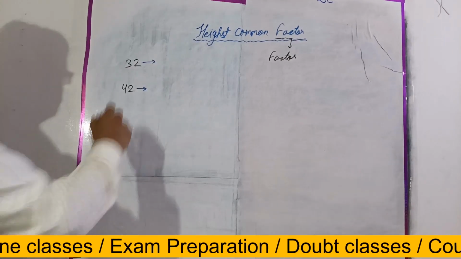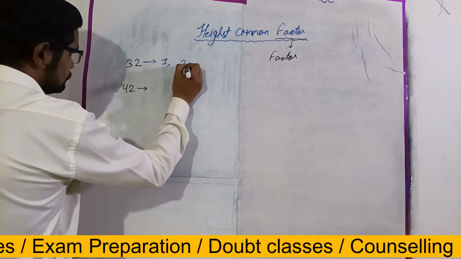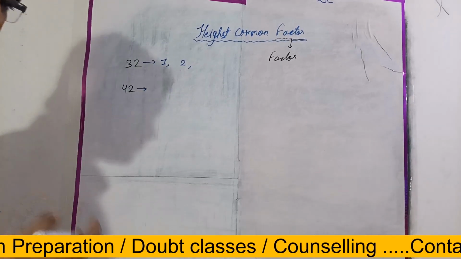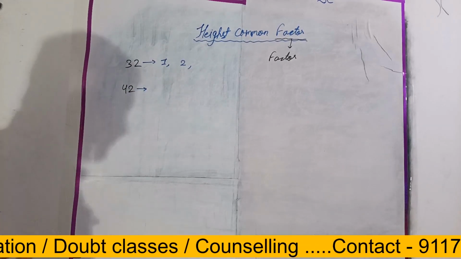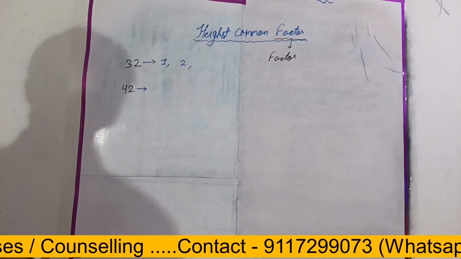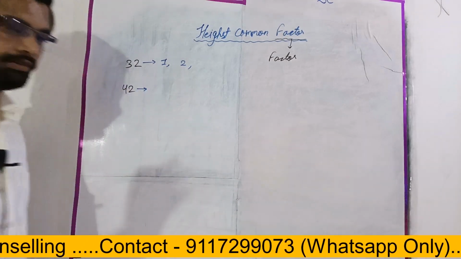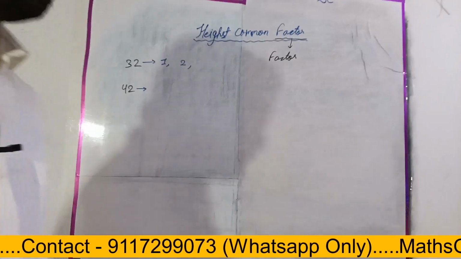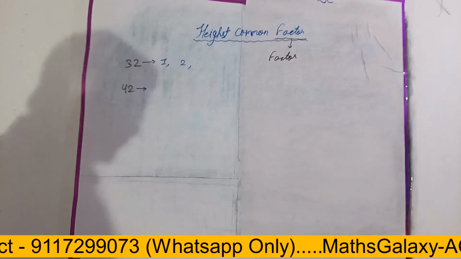1, 2. Yes, you are going correct. Check with 3, then 4. Apply the divisibility rule. 3 is not there.